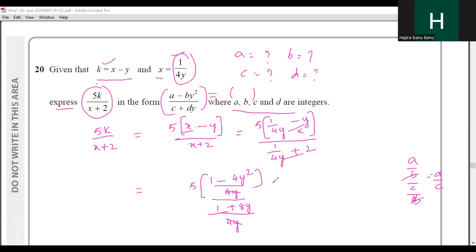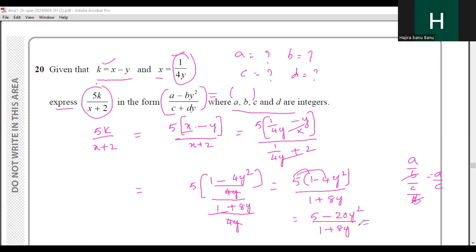Then I am left with 5 times (1 minus 4y squared) divided by (1 plus 8y), which is, multiplying, 5 times 1 is 5, minus, I'm sorry, here it is minus, not plus, 5 times 4 is 20, so 5 minus 20y squared divided by 1 plus 8y.